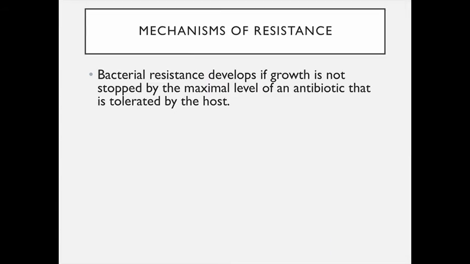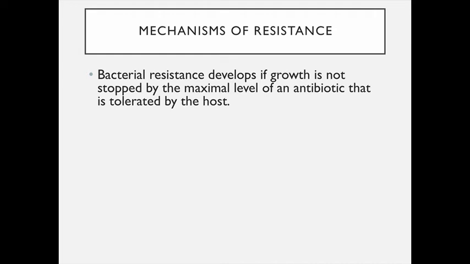Okay, so what I really want to do in this video is talk to you about mechanisms of resistance. So this is a big deal, right? Antibacterial resistance is reaching, from my opinion at least, epidemic proportions, and I think has the potential, if not the probability, of creating a major health crisis. There's a lot of confusion around antibiotic resistance and what the heck that all means.